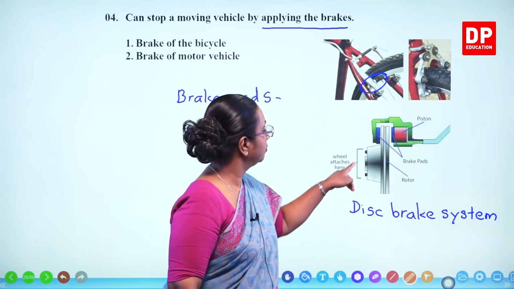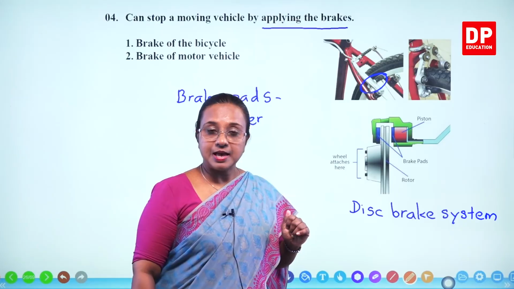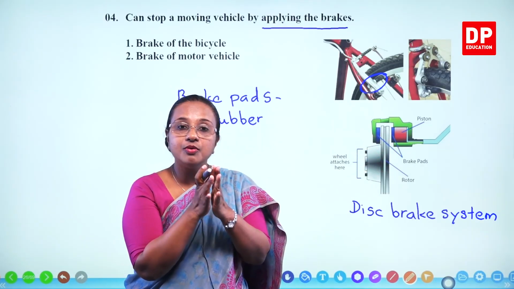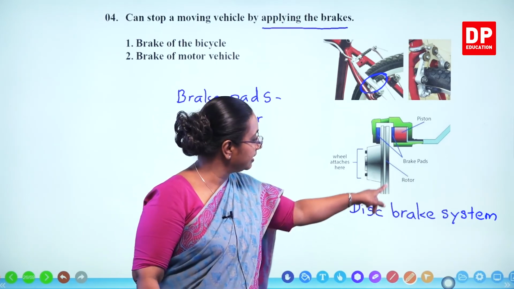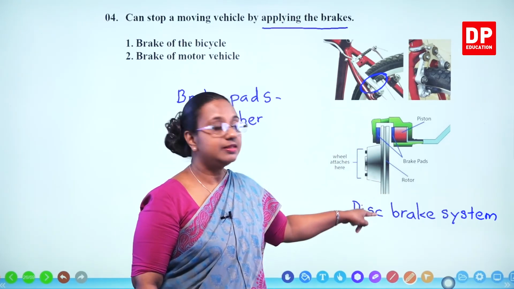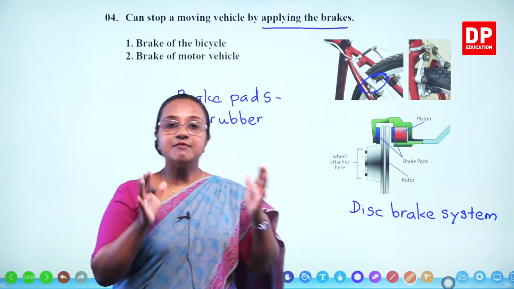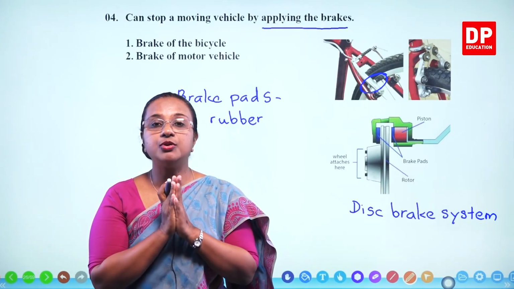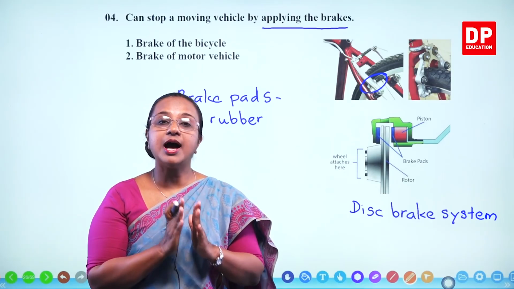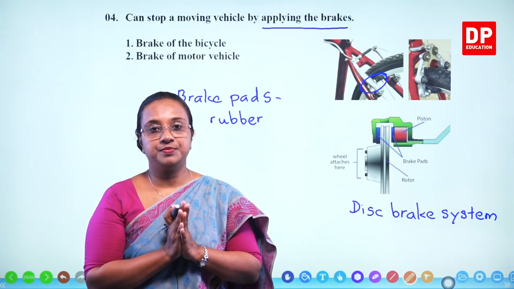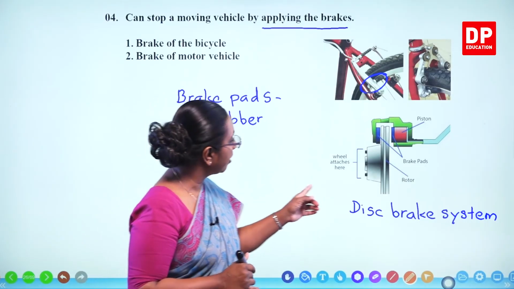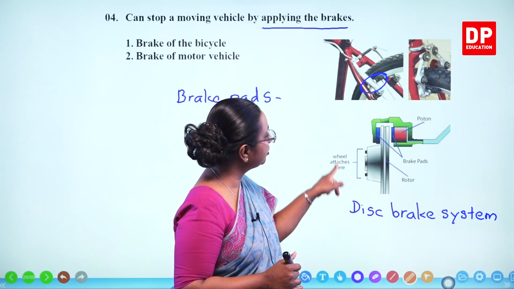Here also, when the brake is applied, the brake pads come and hold or touch the disc. That is this part. And when they are very rough, they can hold the disc together without moving due to high frictional force. And this helps to stop the vehicle because the wheels are attached to this part.